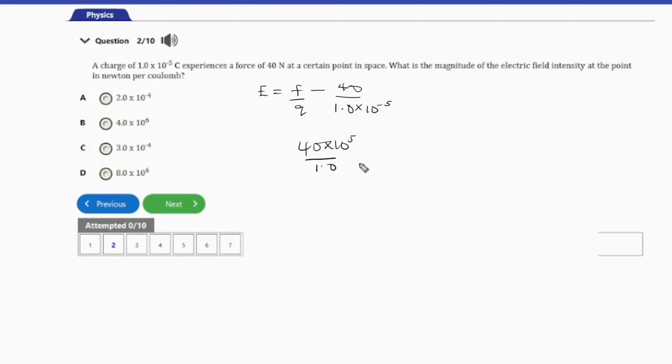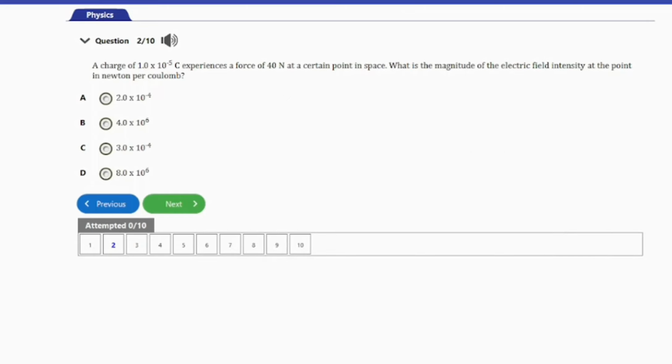So invariably, this is 40 times 10 to the power of 5. And guys, this is the same thing as 4.0 times 10 to the power of 6. And that's it for this question. Option B is the answer to this question. So let's go ahead and consider the next question, guys.